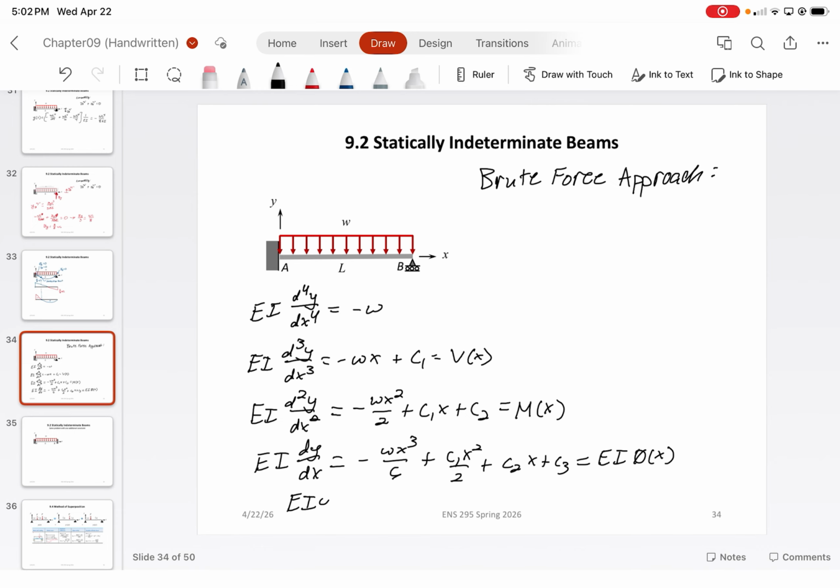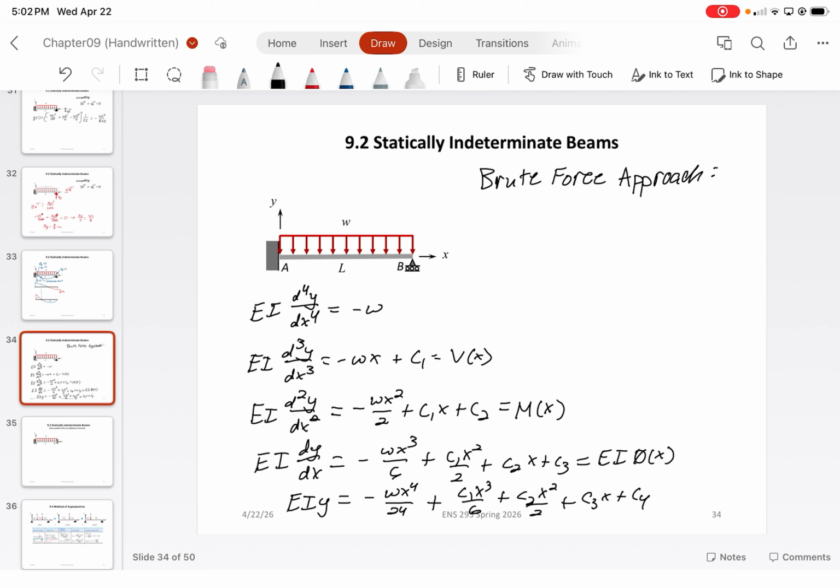And then, of course, EI y is equal to negative w x to the fourth over 24 plus C1 x cubed over 6 plus C2 x squared divided by 2 plus C3x plus C4. And that is just equal to EI y of x. All right?